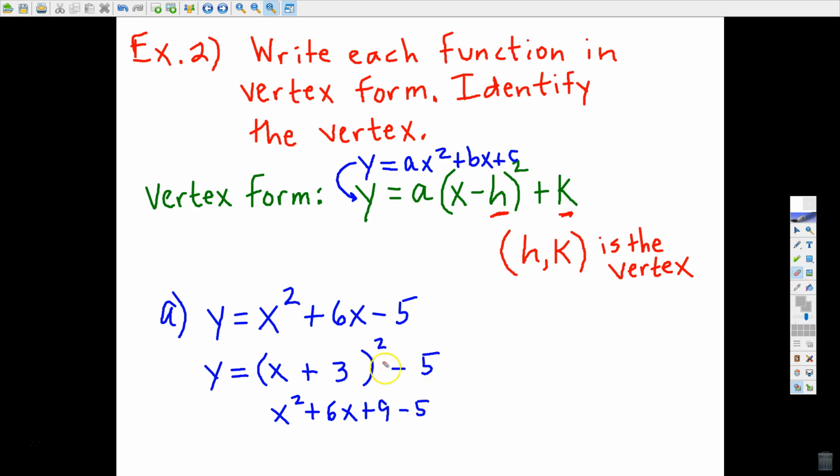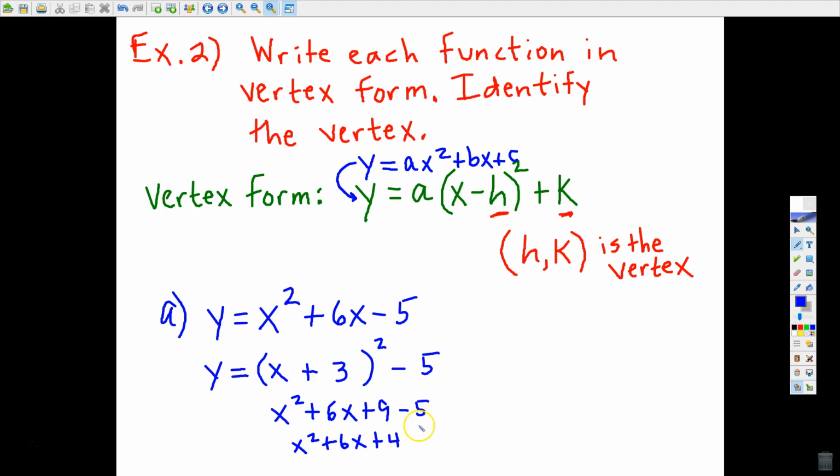Okay, we can take a look at this and say that right now it's really plus 4 on the end. When I combine like terms, x squared plus 6x plus 4. Well, it's supposed to be minus 5 on the end.